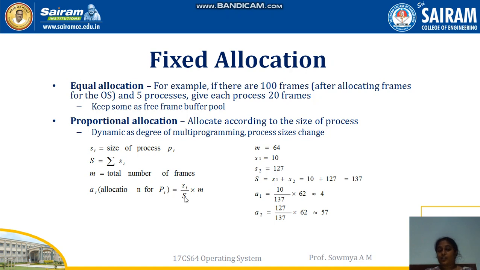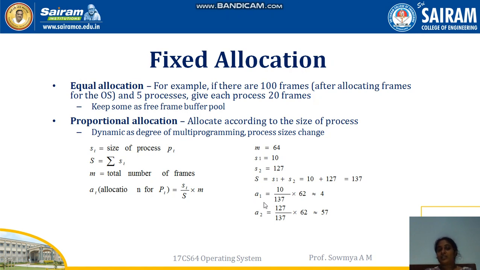Then the allocation ai will be the size of each process divided by the total size of all the processes, times the total number of frames. Here M is 64, S1 is 10, S2 is 127, so total S is 137.